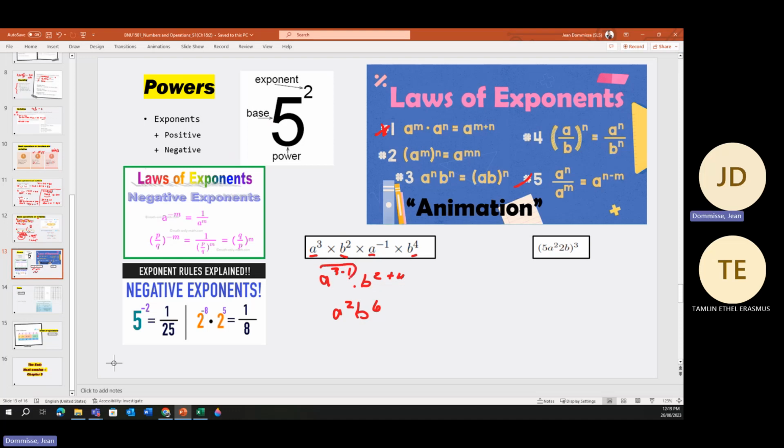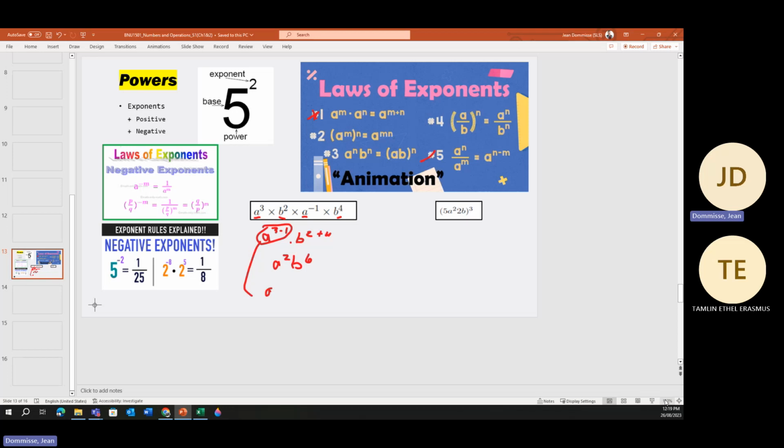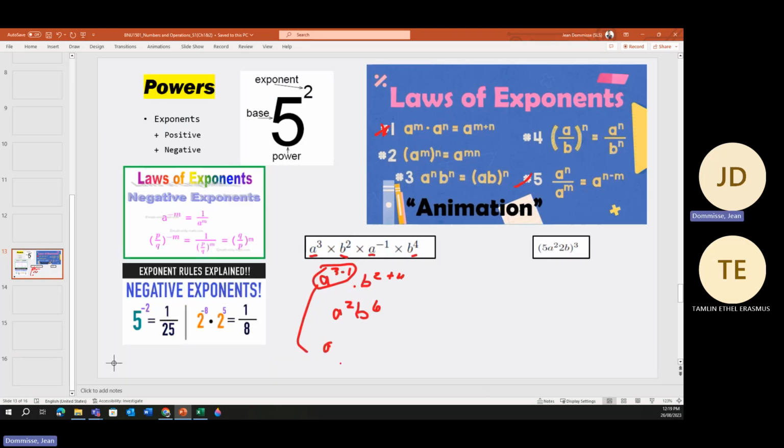You could have written that as A. Okay, I am really struggling with my screen today. So you could have written that A3 minus 1 as A3 divided by A1, like we have there in rule 5.